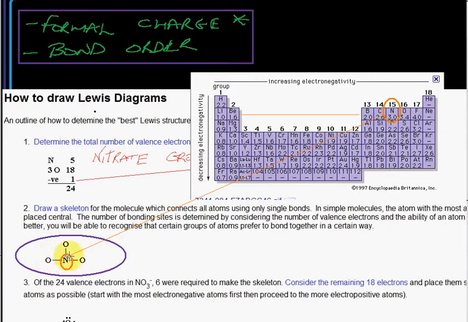So altogether, for all of the bonds that are going to take place between the nitrogen and the oxygens, we've got 24 valence electrons that have to be satisfied in terms of the octet rule, which means they've got to have 8 electrons on their outermost energy level.